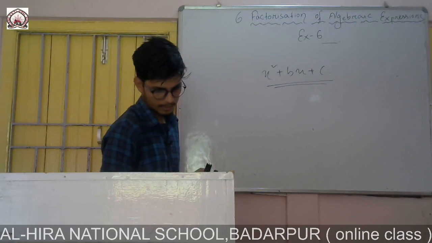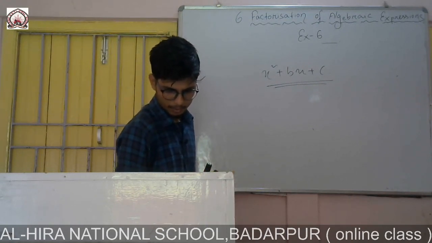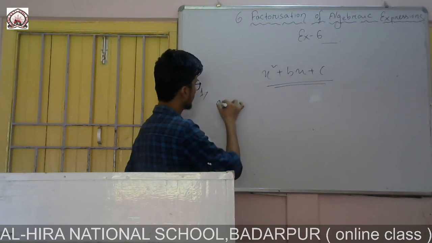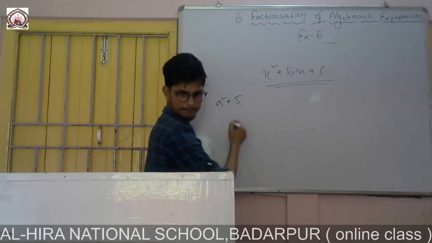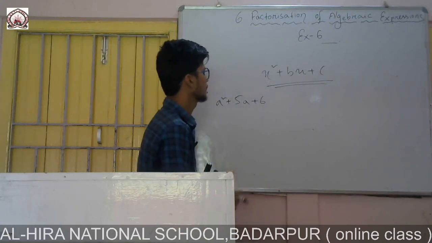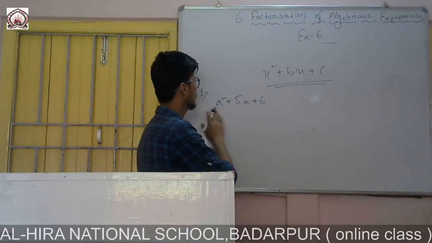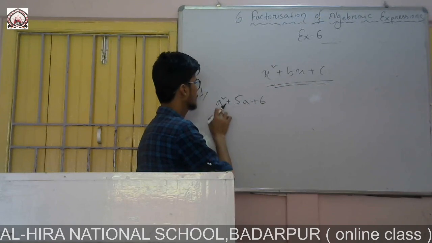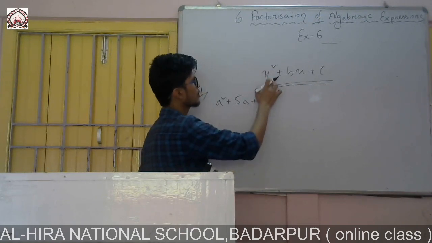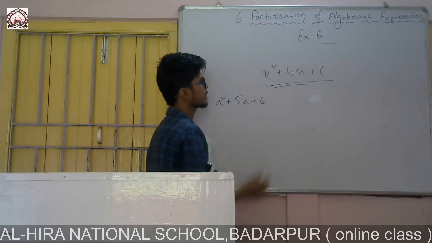So let me take question number 1: a squared plus 5a plus 6. Okay. So in every case you will find that the coefficient of this term will be 1. Here also you see x squared, there is nothing, that means 1 is there.